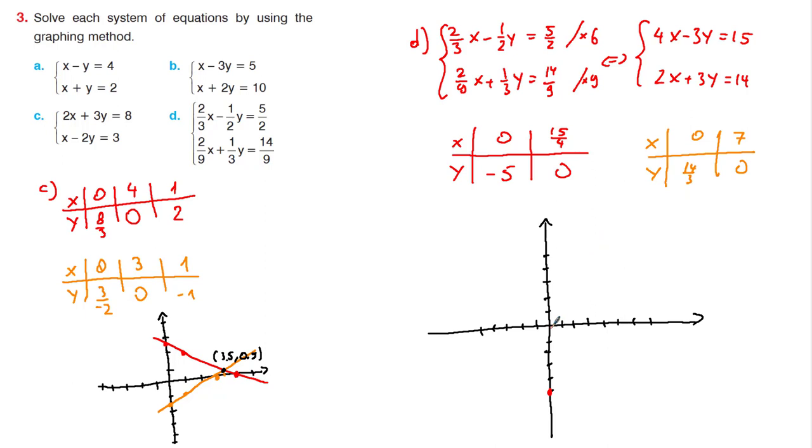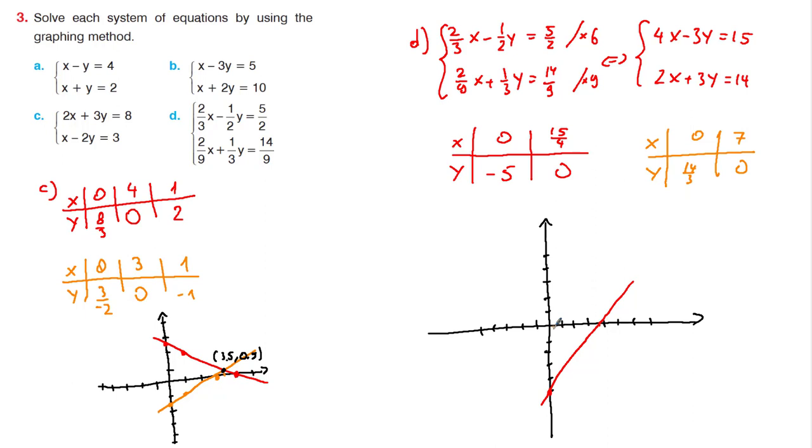Y 0, x is 15 over 4, it's 3.75, so 3 and 3 quarters, which corresponds to that point. Perfect.